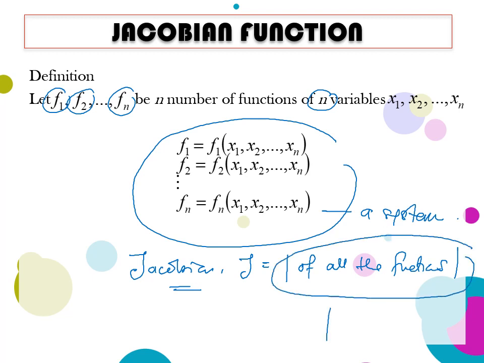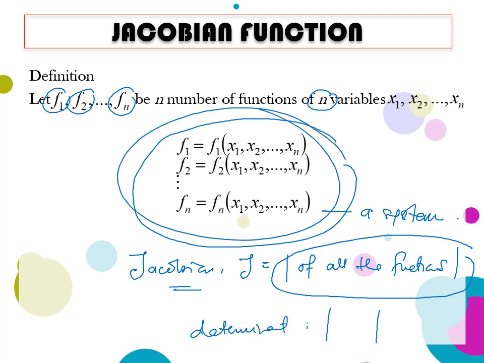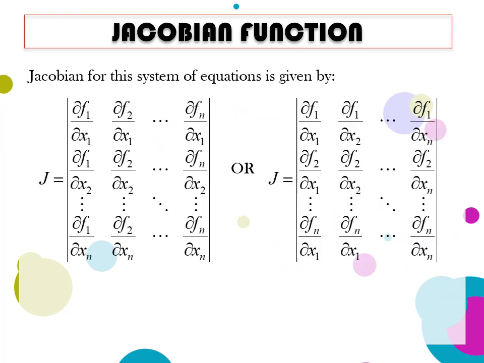When I write these two straight line symbols, it means determinant. Determinant of the functions. So let us look at the formula of the Jacobian. This is the formula for the Jacobian for the system of equations.